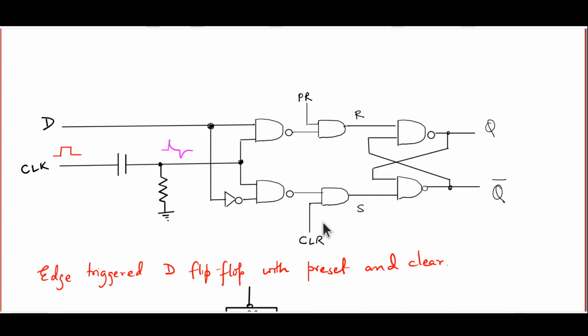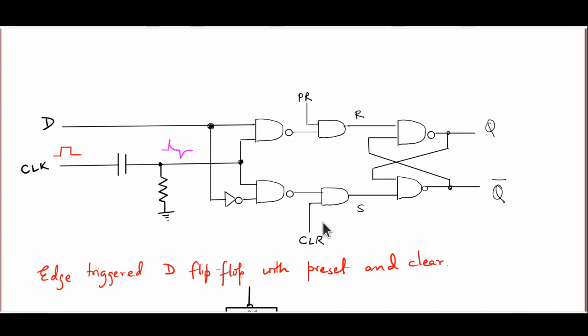Now note that if PR is driven low and then taken back high, the moment PR is driven low, the AND gate output goes low, and that forces Q to be high and Q bar to be low. That is, it presets the D flip-flop to a high state.